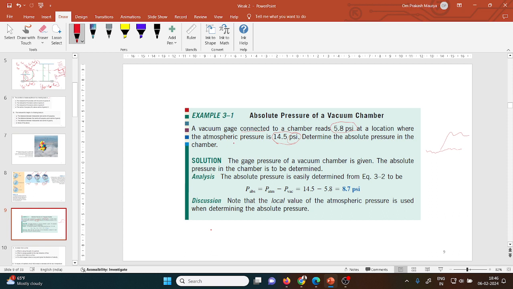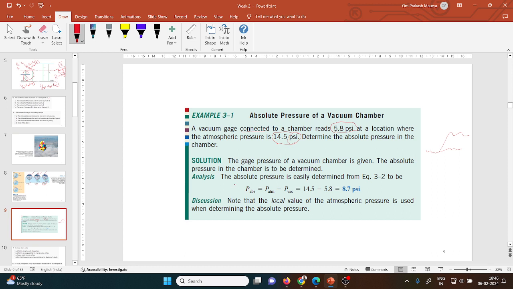So what is written in the solution? The gauge pressure of the vacuum chamber is given, and the absolute pressure in the chamber is to be determined. This is the way of solving. Before solving a question you should always analyze what is given and what we need to calculate.